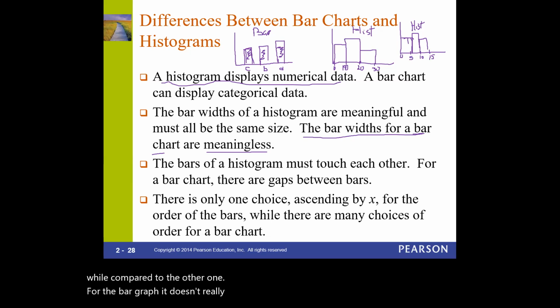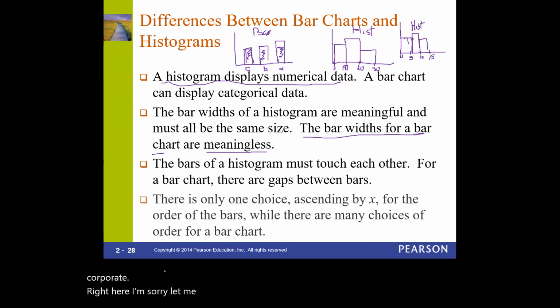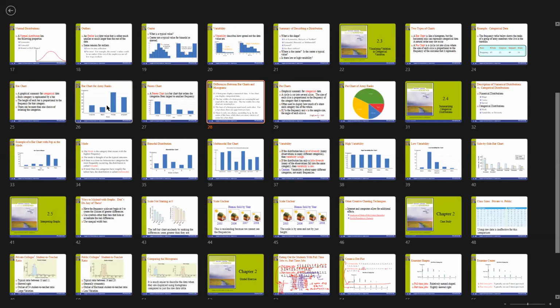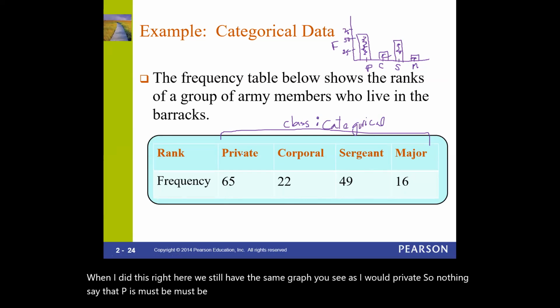Earlier, when I did the graph for the corporate, I did them in a different order. It didn't really matter, but I still have the same graph. When I did it right here, we still have the same graph. Nothing says that P must be first or C must be. I just try to follow the same pattern they have here.